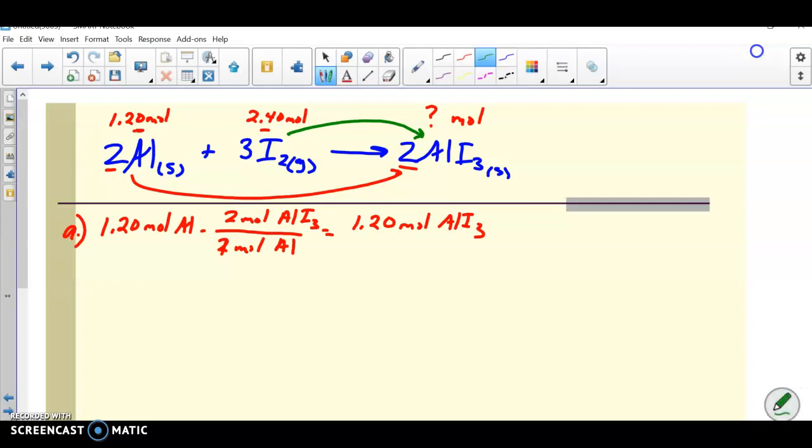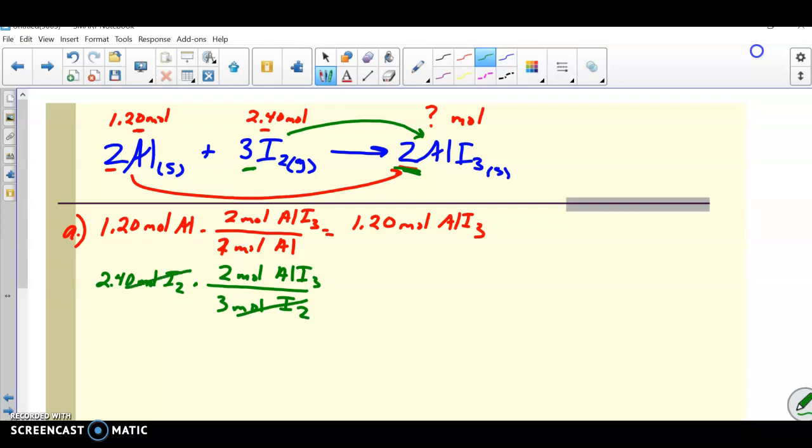So if I do it for the other one, I have 2.40 moles of iodine times, it looks like it's a 2 to 3 ratio, 2 moles of AlI3 to 3 moles of I2. Remember, this has to be down here to get this to cancel here. I do my math for this, it looks like my answer is 1.6 moles of AlI3.